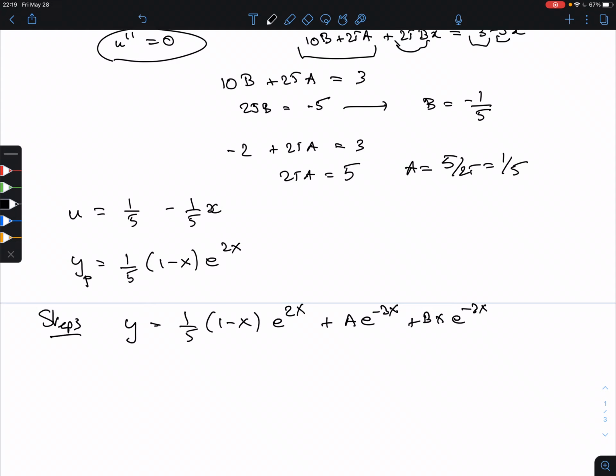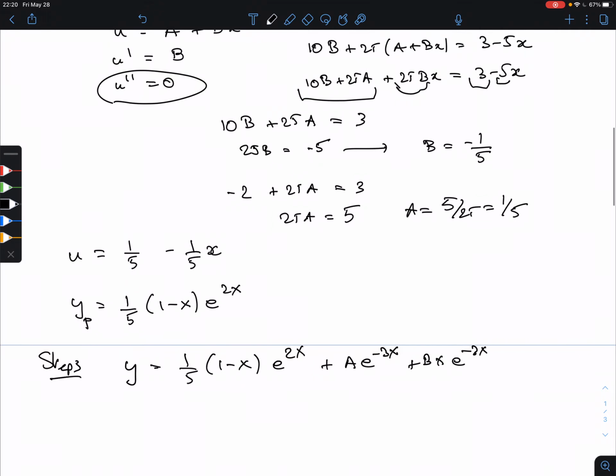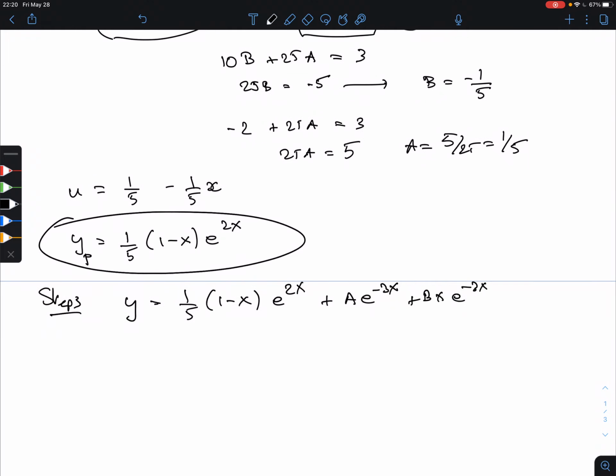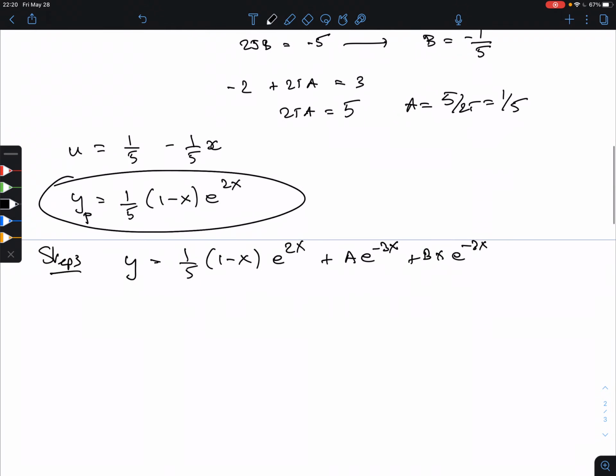Yeah, so of course in this method we have several a's and b's, right? And as long as we don't mix a's in one part with a's in the other part, there is no problem. Okay, so in step 2 we used an a, b, but they are done. We don't need them anymore because we determined them, and so now we can use a and b again. And so this is now the initial condition.